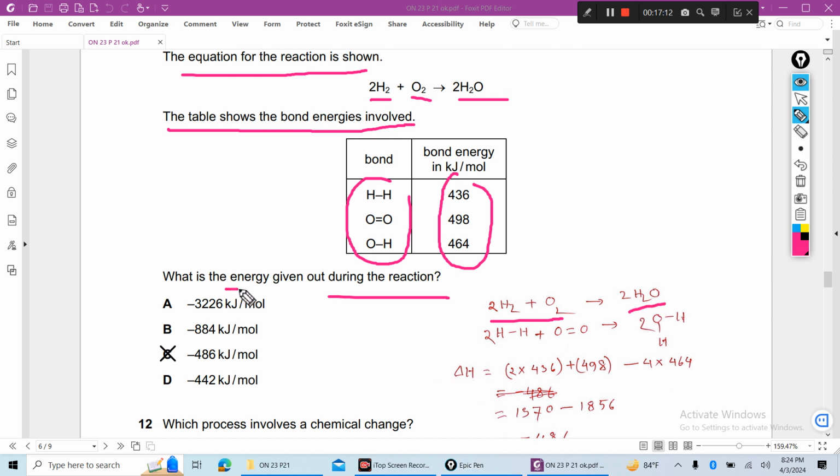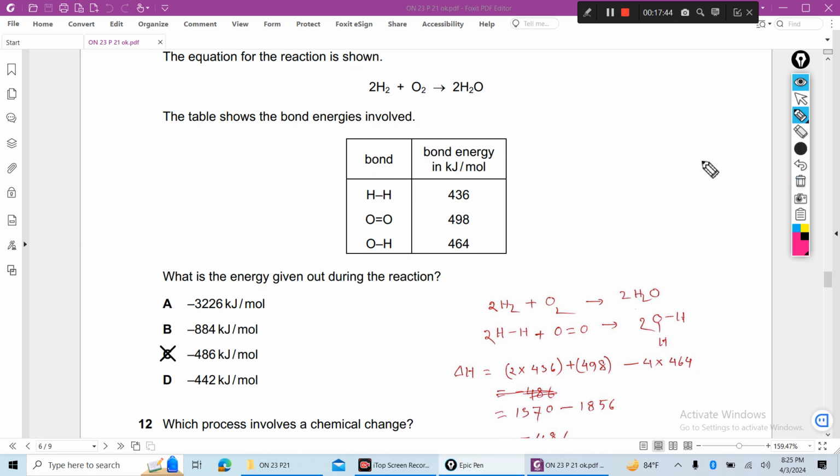So energy given out, delta H will be 2 hydrogen bonds, 2 times 436, plus oxygen double bond 1 times 498, minus water, 2 moles of water, 2 plus 2, 4 times 464.